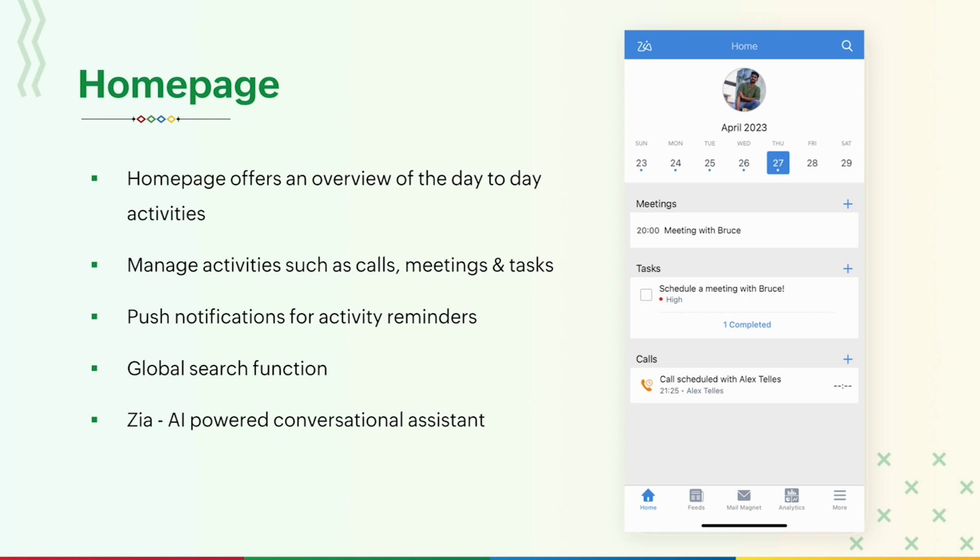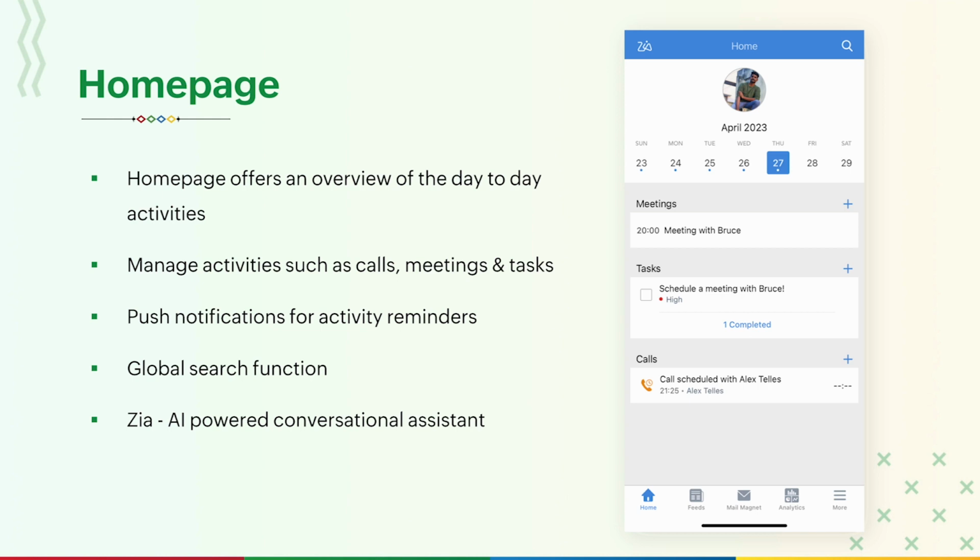Also, while it is possible to view the completed or scheduled activities from the homepage, you can also create an activity from here by clicking the plus icon available towards the right side of the screen. Moreover, when you set reminders for the activity, you will receive push notifications on your mobile device to keep you reminded about the activity.